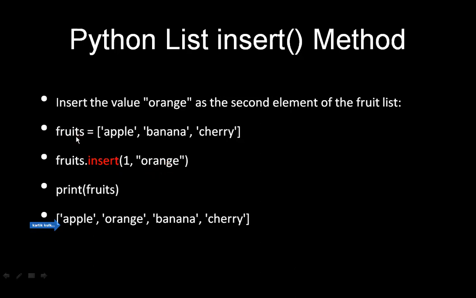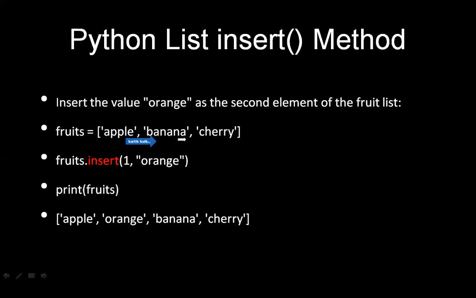Now you can clearly notice that here at this first index number, the banana is present. If I want to replace it with the orange, how can I specify it?